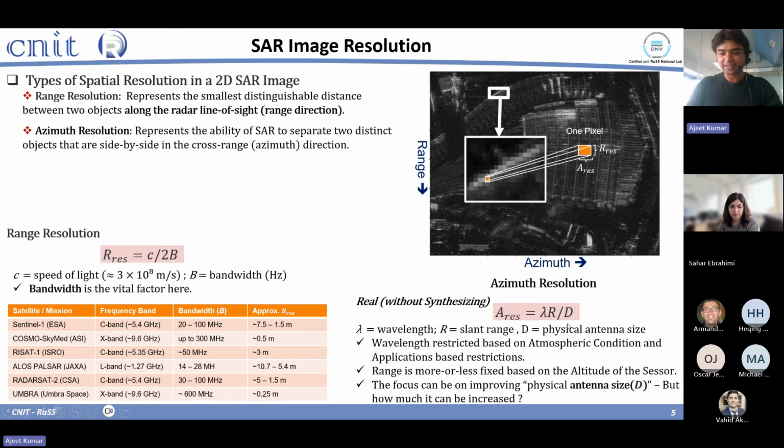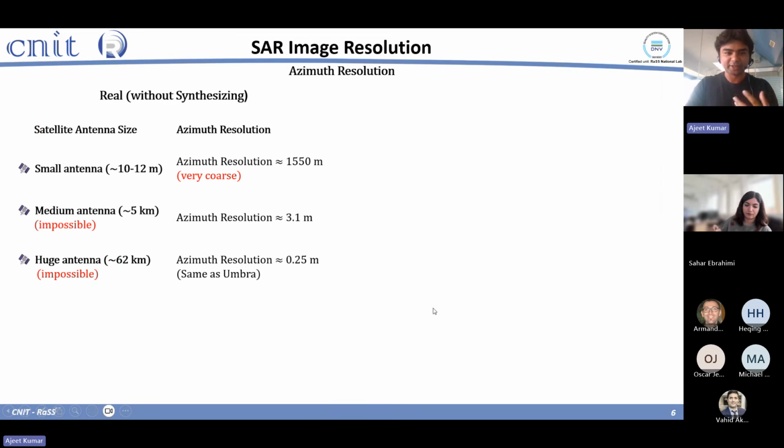Now, D is the antenna aperture size, a length that cannot go beyond a certain level. For example, if you don't want to do the synthesis process and you just want to rely on the real aperture, with a smaller antenna, something like what we use in NISAR. NISAR had something like 10 to 12 meter of antenna aperture length.